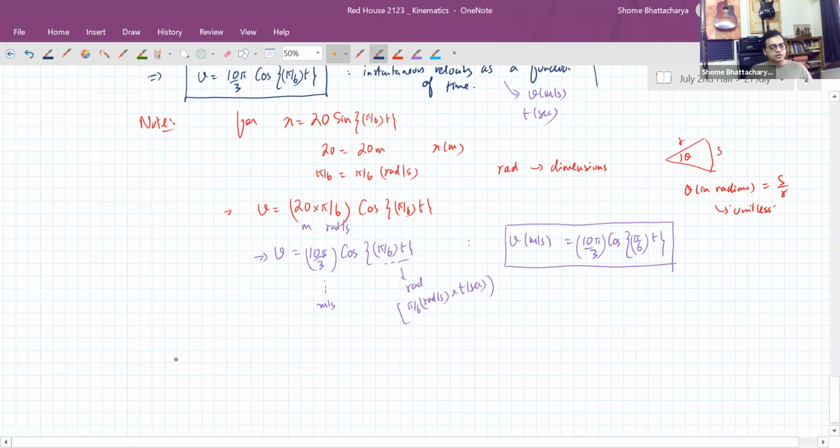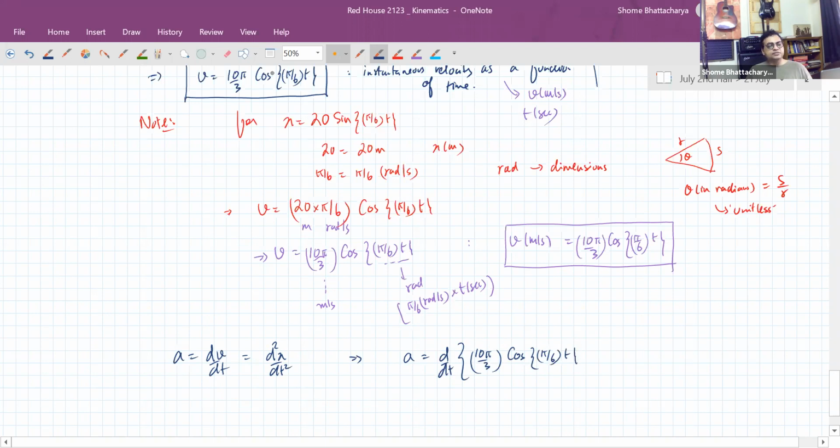So next, acceleration is dv by dt, or that's the same thing as the second derivative of x with respect to time. So acceleration here will be the differentiation of this v that we've written above. The same process repeats, but this time you're differentiating a cos function, so its derivative will have a minus sign.